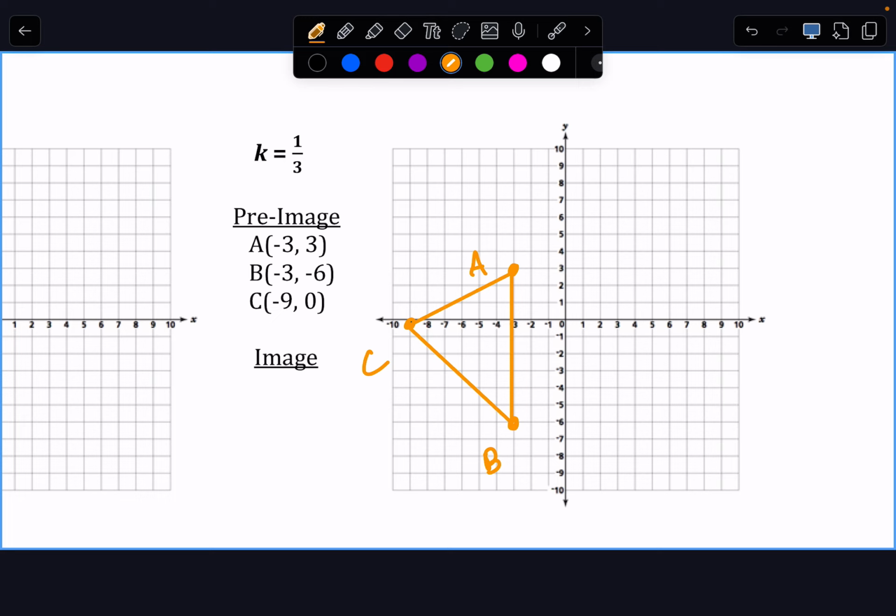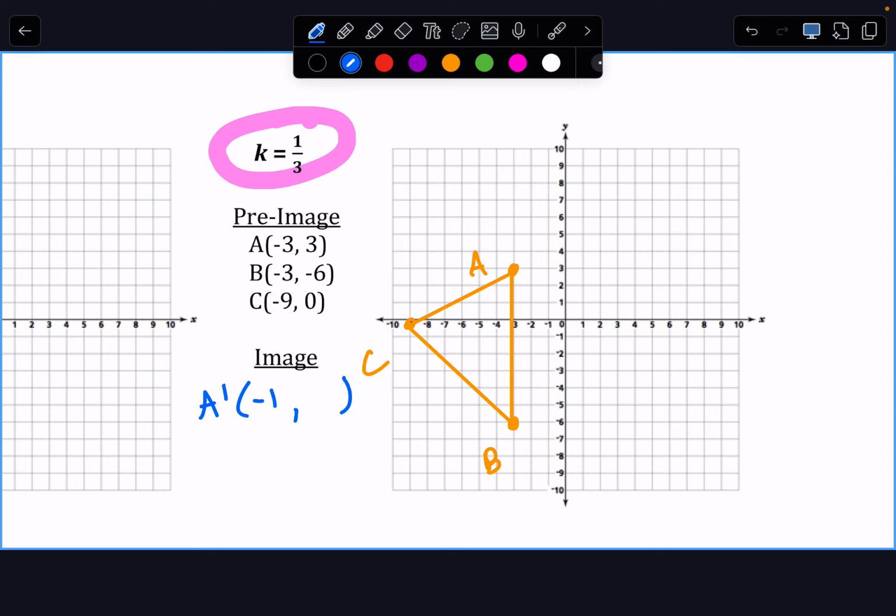Now, since K is less than 1, we are talking about our shape getting smaller and closer to the origin. Now, Conway says divide. Technically, we are multiplying by 1/3, but to multiply by 1/3 is the same as dividing by 3.